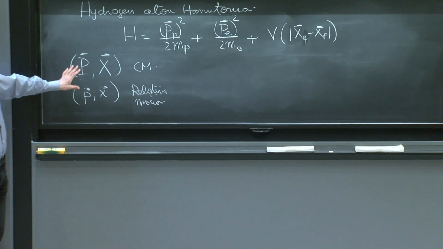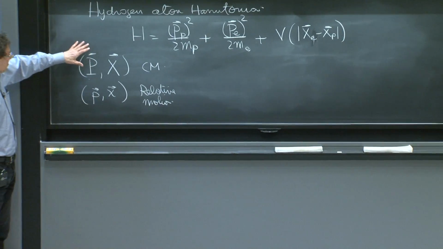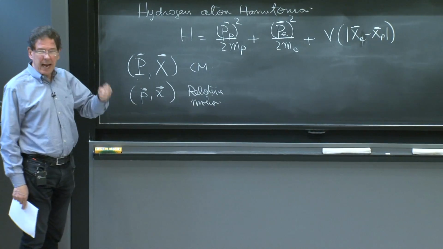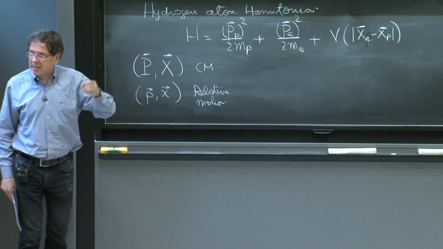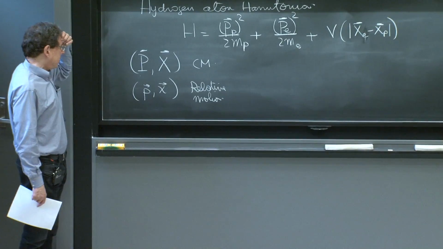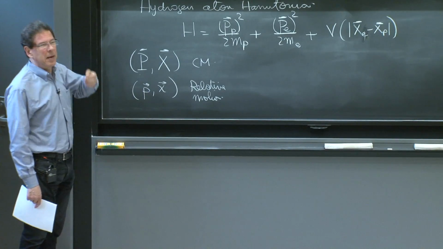And these four variables were a function of the original four variables, the x and p of the electron and the x and p of the proton. So we defined these two pairs, and they were canonical pairs.